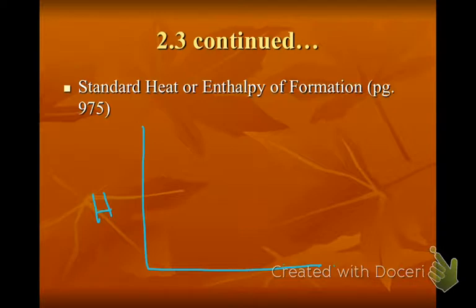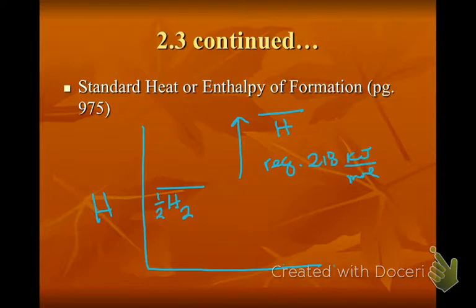So instead of what we had last time, where the normal elemental state of hydrogen is H2, and I would need 1/2 of an H2, H would be way up here. And so it would require 218 kilojoules per mole to get from H2 to just monatomic hydrogen. And that should make sense because monatomic hydrogen should be a lot less stable than it would be as H2.